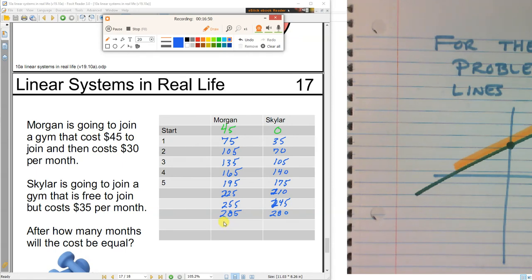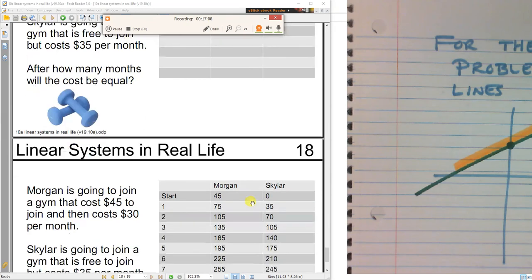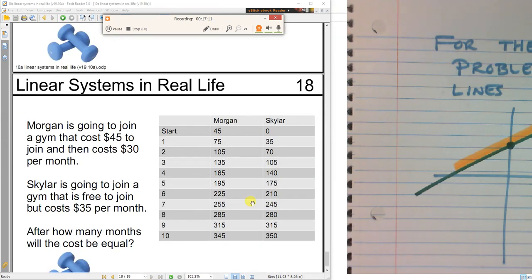Adding 30 to this one takes me to 315. It's right there. So it occurred there at 9 weeks. See it right there. 9 weeks.